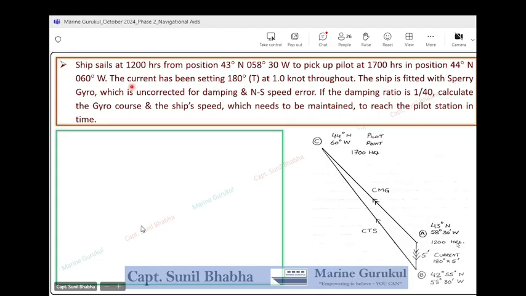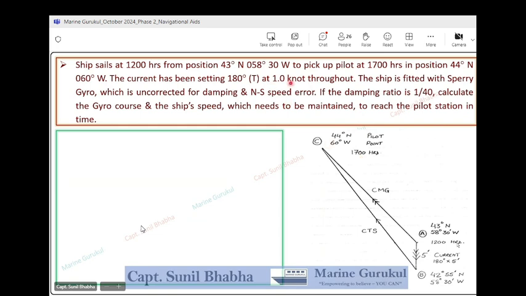Now the next information is there is a current in the area and the current has been setting 180 at a rate of 1 knot. Now our voyage is for total duration of 5 hours. We are starting at 1200 hours and our ETA should be 1700 hours.